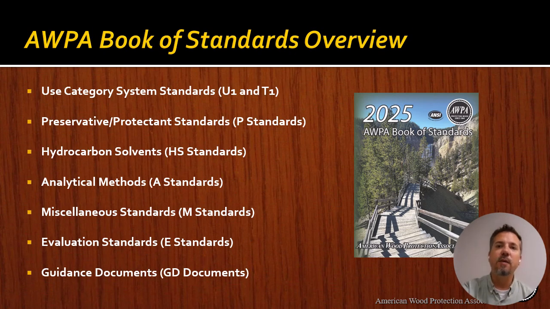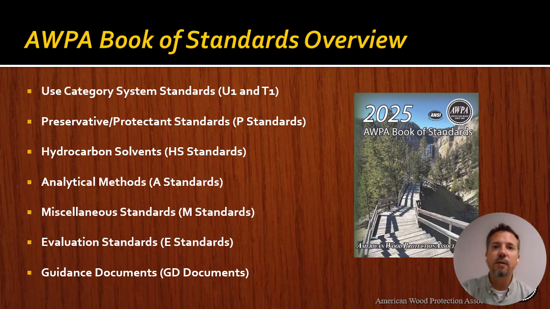The Book of Standards is organized into several different categories. U1 and T1 are the use category standards. They help you choose and treat wood based on how it will be used. P standards cover wood preservative and protectant formulations. HS standards define the hydrocarbon solvents used in the treatment. A standards provide analytical methods for testing treated wood and preservatives.